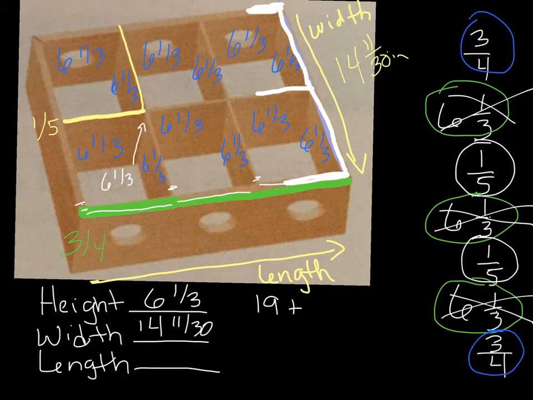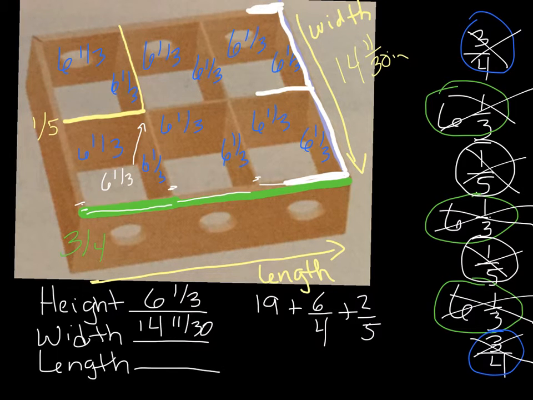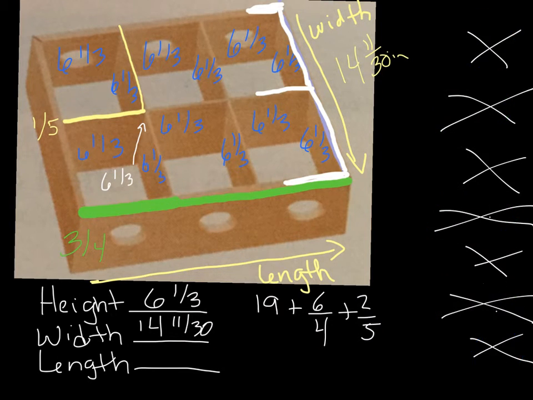Then I can add my 3/4 plus my 3/4, which will get me 6/4, which is improper, but okay for now. And to finish off, I'll have my 1/5 and my 1/5, which is going to get me 2/5. And so now I have a simpler problem. I have 19 plus 6/4 plus 2/5, just two fractions to add and a whole number.